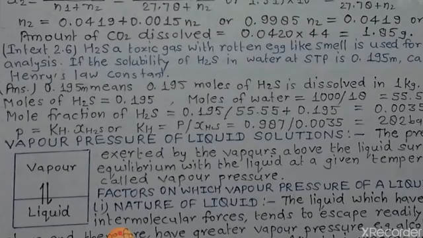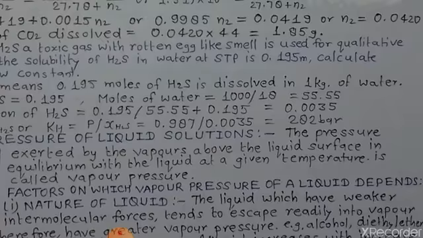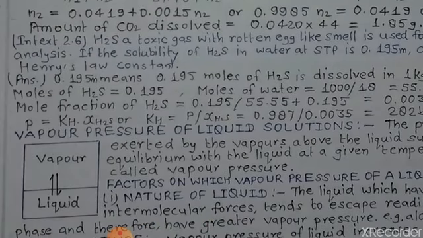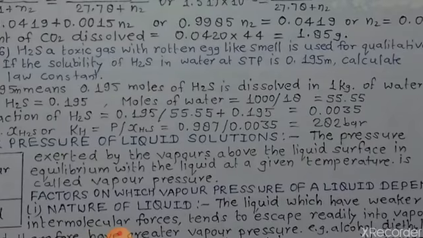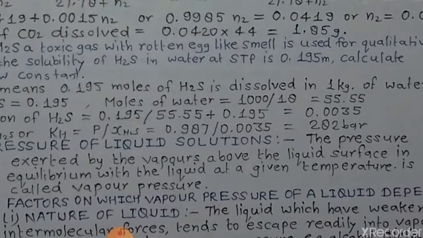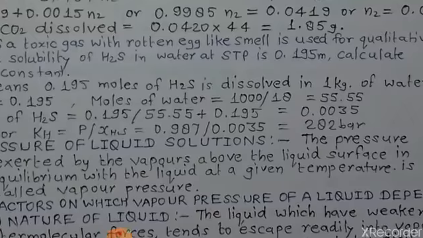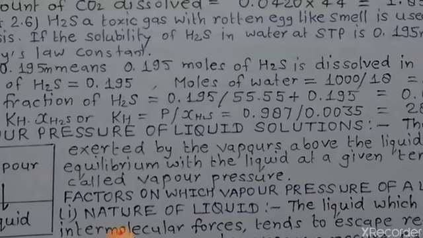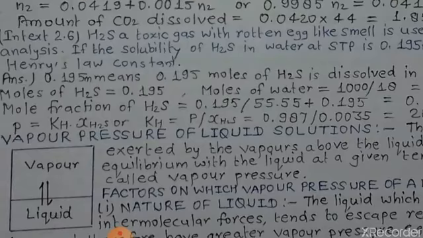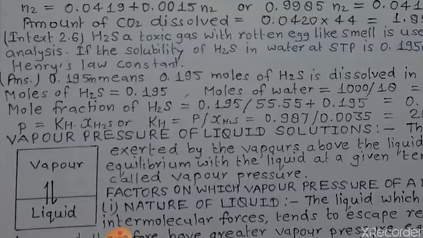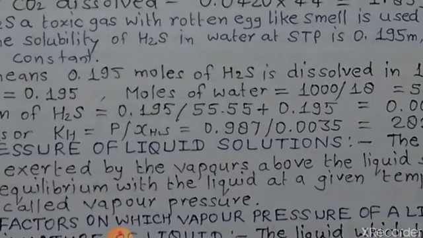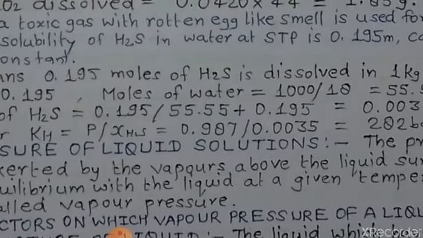0.195 m means 0.195 mole of H2S dissolved in 1 kilogram of water. So moles of H2S is 0.195. In the second line we write moles of water; because the mass is given, we divide 1000 gram by 18, so the moles are 55.55. Mole fraction of H2S is moles of H2S divided by moles of water, 55.55, plus moles of H2S, 0.195.